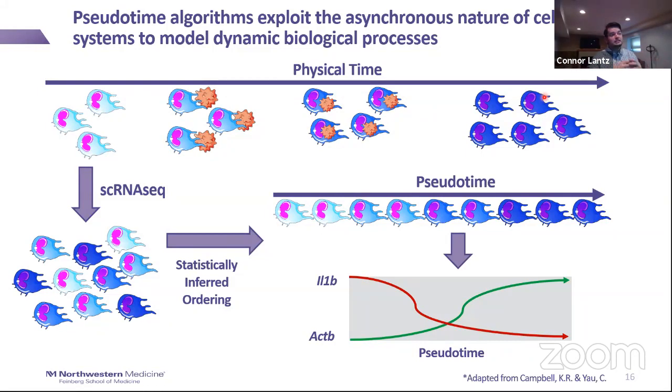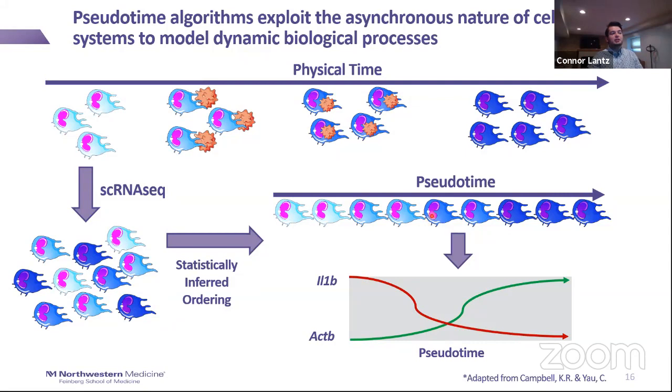When you collect these cells for single cell and then cluster them, you get your macrophage cluster, but you lose the physical time variable for your gene expression. What this algorithm does is statistically infer the ordering of these macrophages across a new variable called pseudotime, which creates this trajectory.